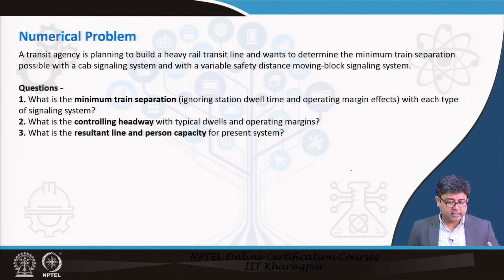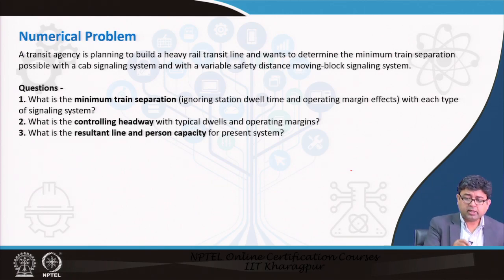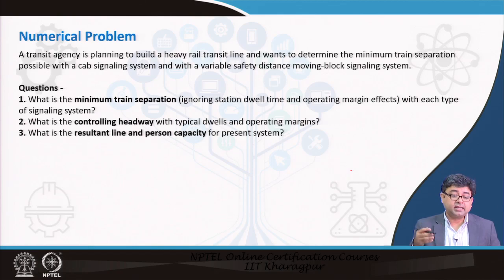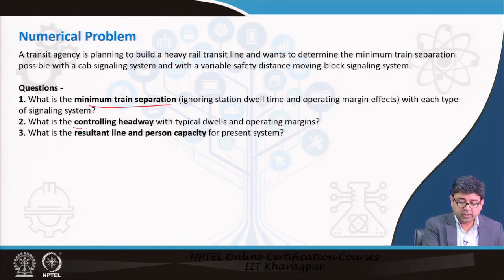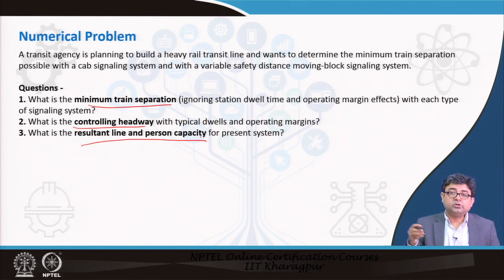Similarly, we will go through quickly an example of how to calculate the capacity of a rail transit line. In order to do so, what you need to know is the minimum train separation and the controlling headway, because headway, remember, is what usually determines the capacity your trains are running at, and the resultant line and person capacity. Line capacity is different from person capacity.